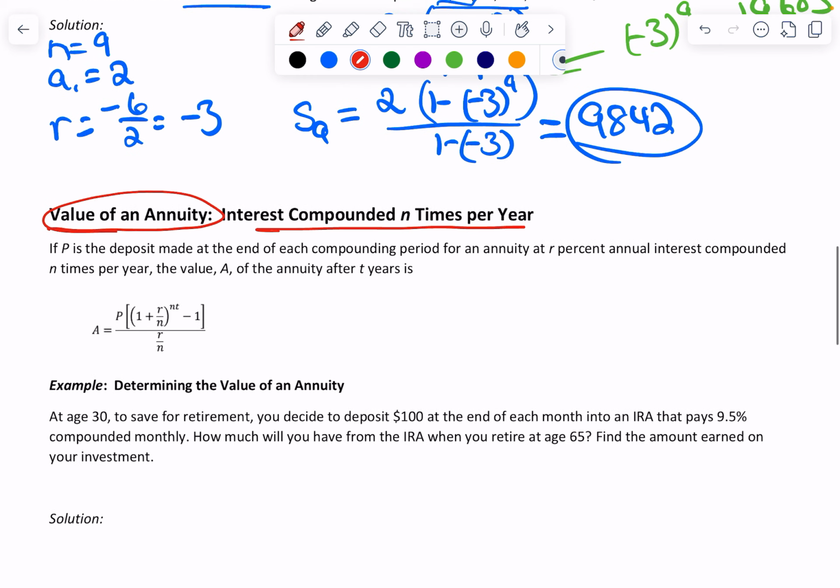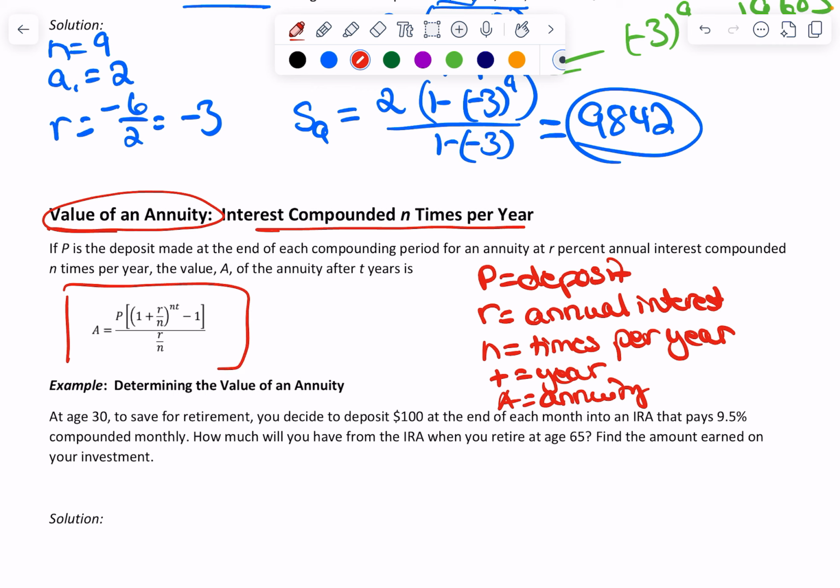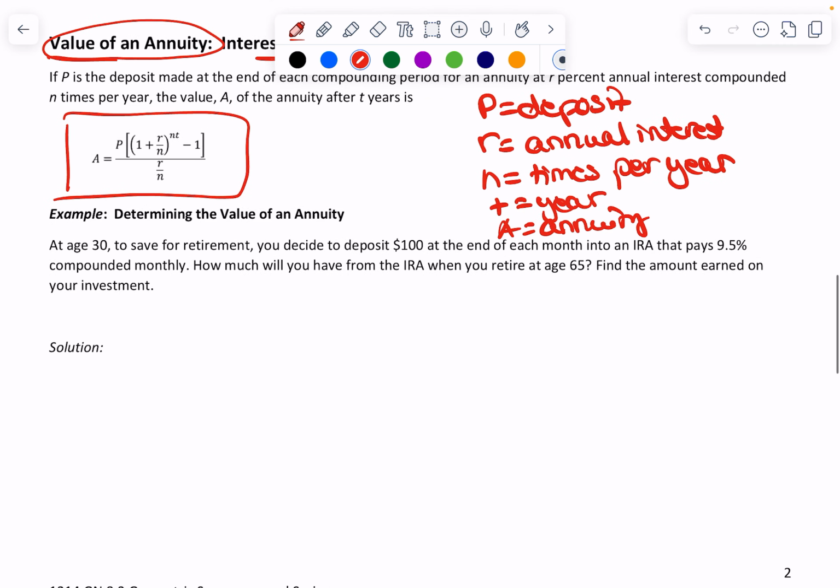So P is the deposit. r is the annual interest. n is times per year. t is years. And A is the annuity. And here's the formula. Okay, so let's look at an example.